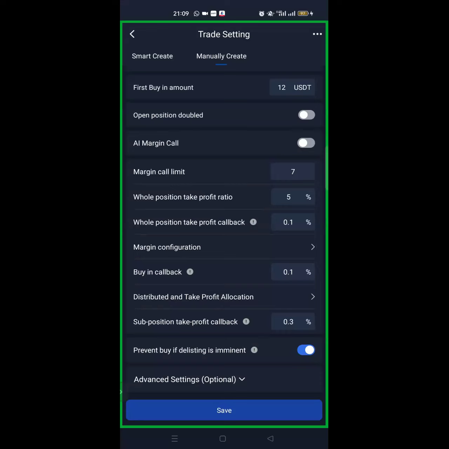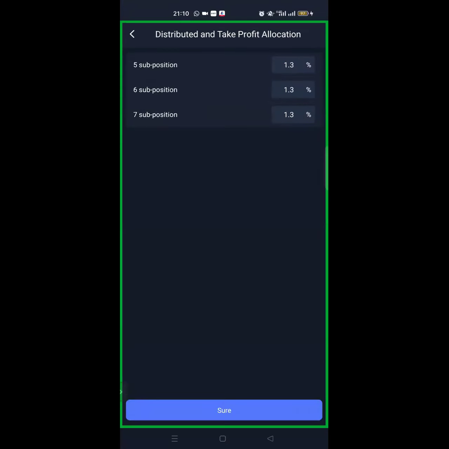It sells individually, so for it to sell individually, it needs its own take profit. Because remember, I told you whole position take profit ratio controls your final sell. So what controls from the fifth call downwards is this distributed and take profit allocation.